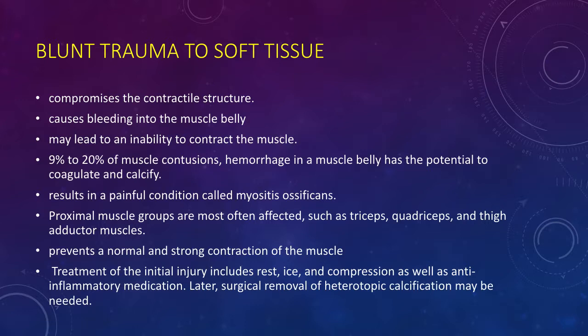The interesting thing is I actually wasn't aware of this until I pulled up the statistics. 9 to 20% of muscle contusions can actually coagulate and calcify. So if you have a really bad bruise into a muscle area, you can develop calcifications. As a result of that, that can be permanent. So that was new and interesting information to me.